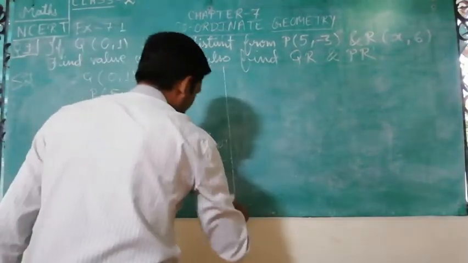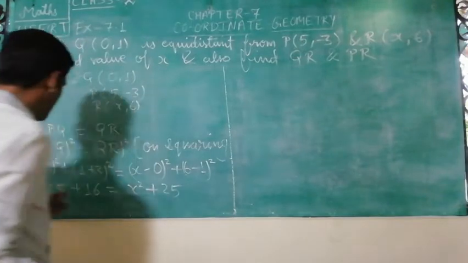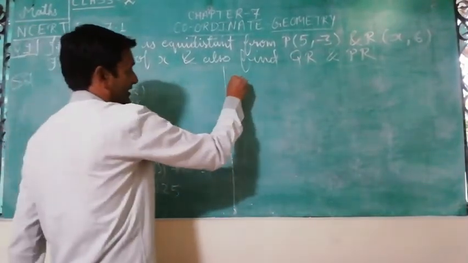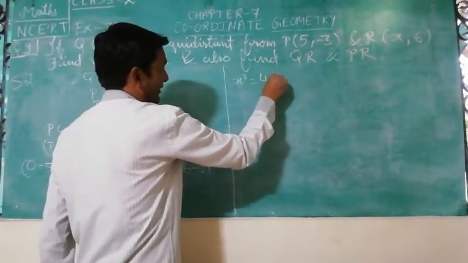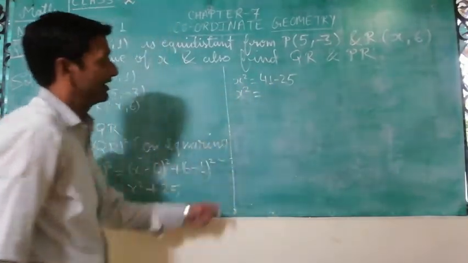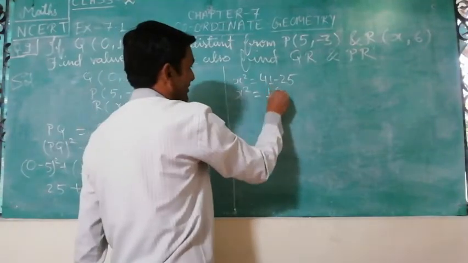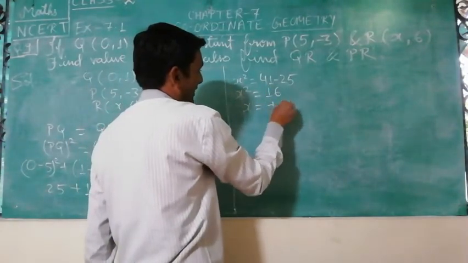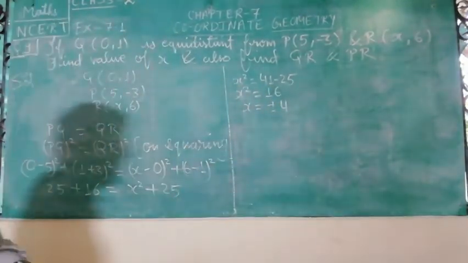Now on further solution, what will we get? X square is equal to 41 minus 25. So x square is equal to 16. X square is equal to 16 means x is equal to what? Plus minus 4. Two values are possible here for x.